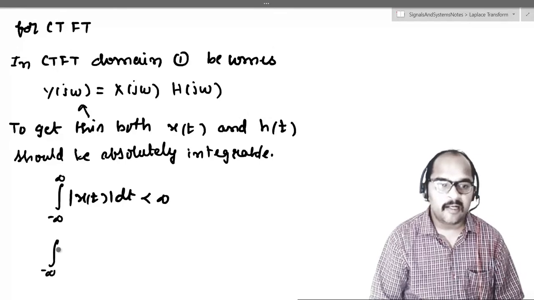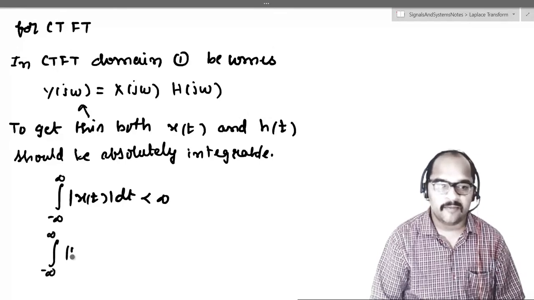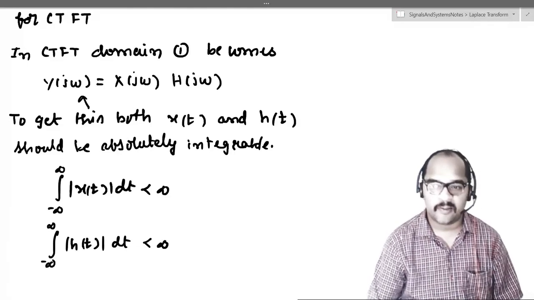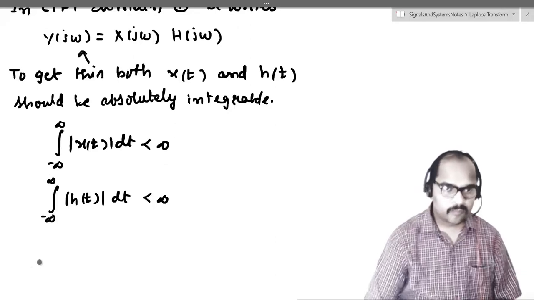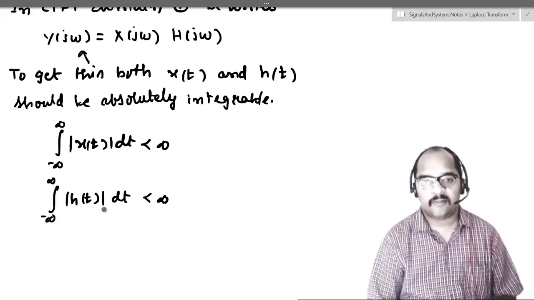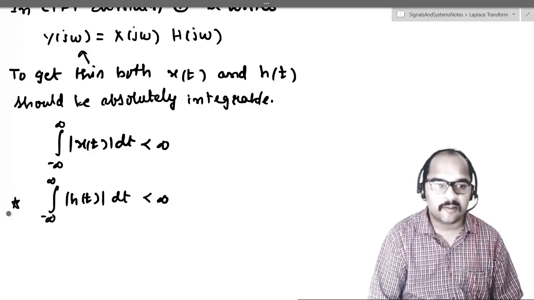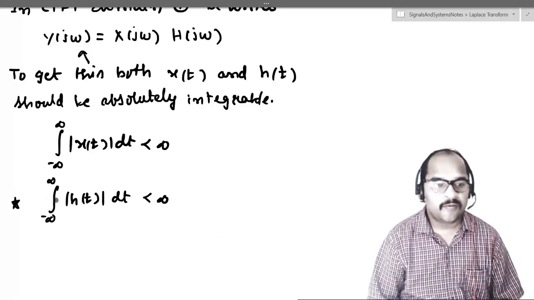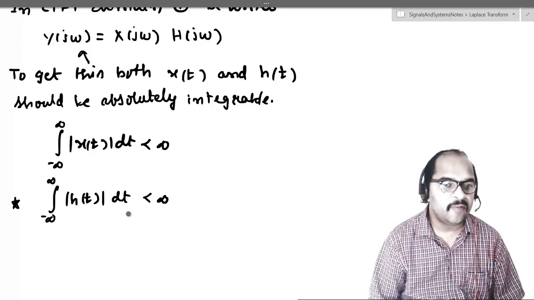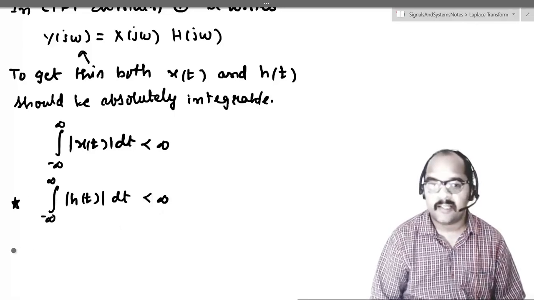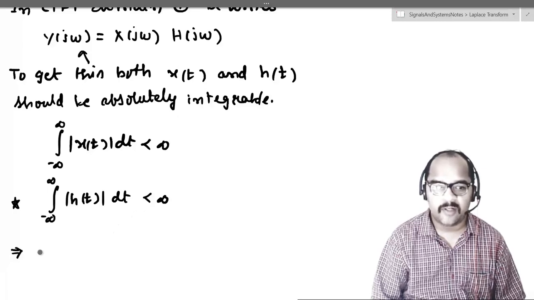And the integral from minus infinity to infinity of modulus of h of t dt should be less than infinity. But let us focus on h of t. So what does this imply?